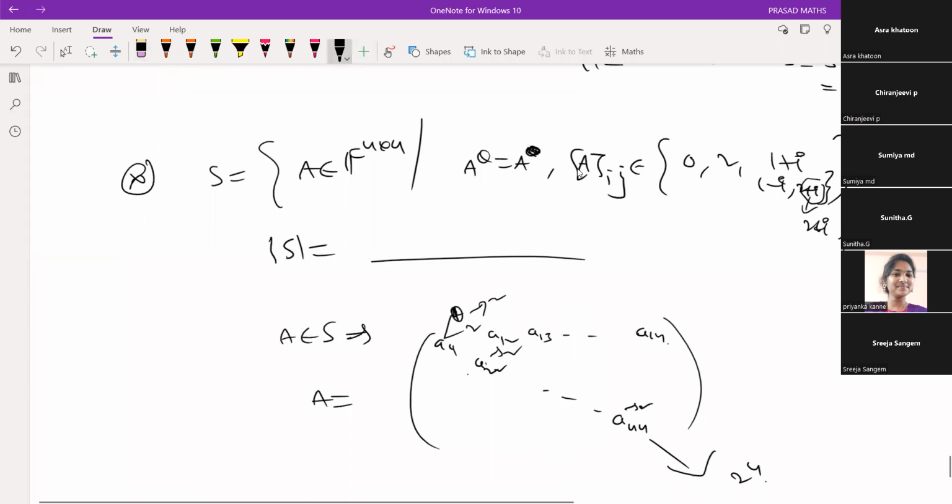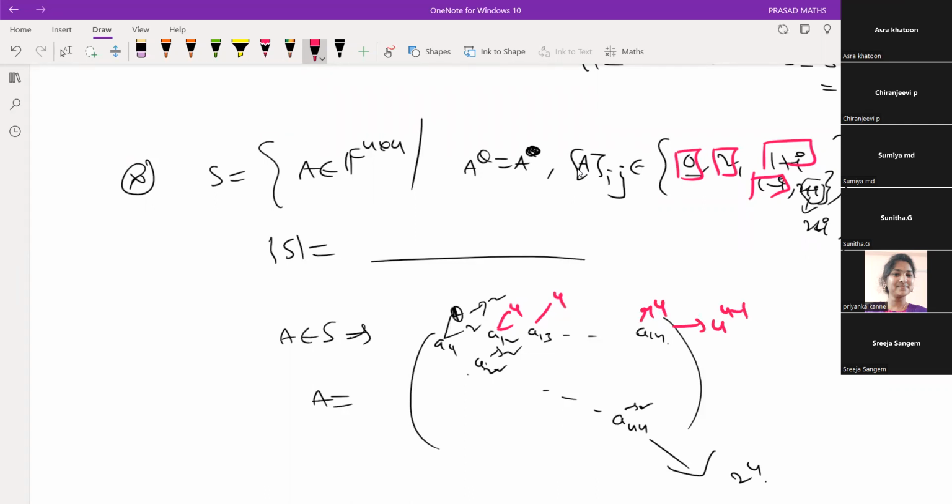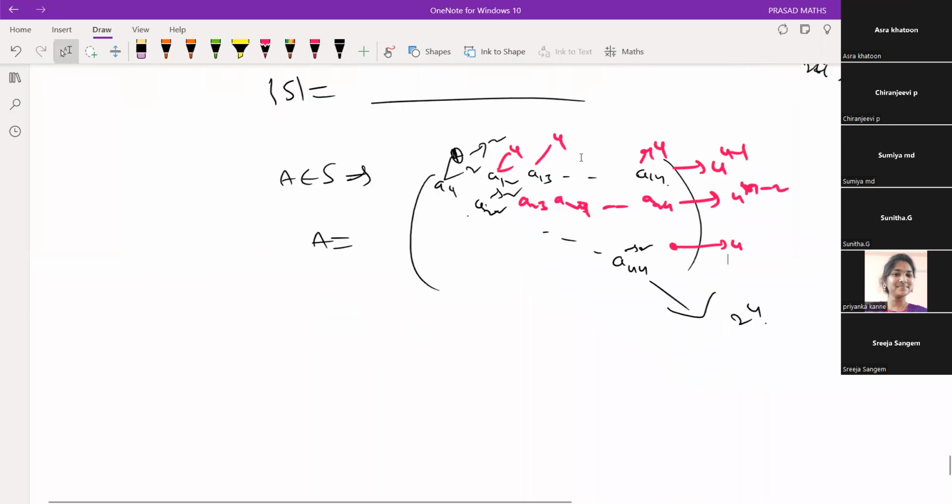So what are the possible elements? 0, 2, 1 plus I, 1 minus I. So how many choices? 4 choices. So for the first row it is 4 power n minus 1. Next, A23, A24, up to A2n: how many choices? 4 power n minus 2. The work is completed. Therefore, what is the cardinality?